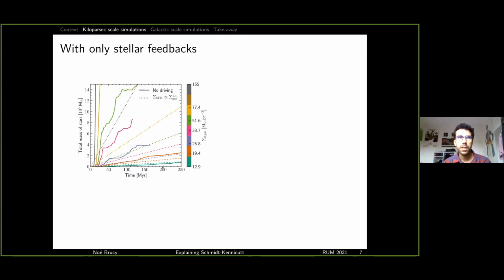That is the dotted lines. You see that for galaxies that are a little bit more massive than the Milky Way, at about 13 solar masses per parsec squared, we are pretty close to the Schmidt-Kennicutt rate. But if we go to higher column density, we completely overshoot and we form very, very many stars.